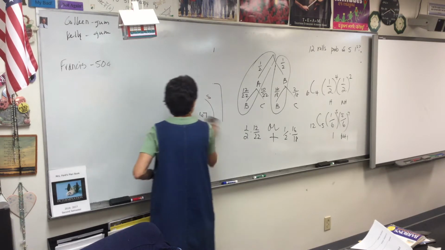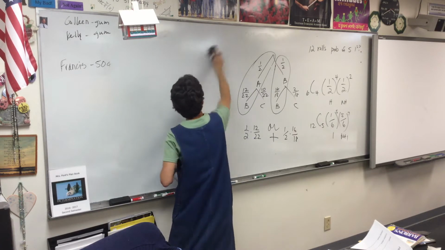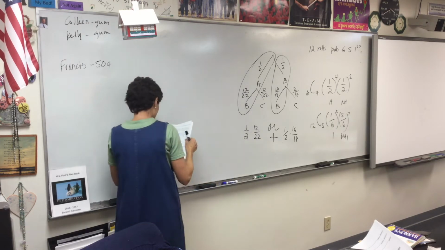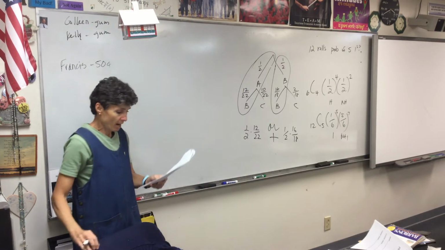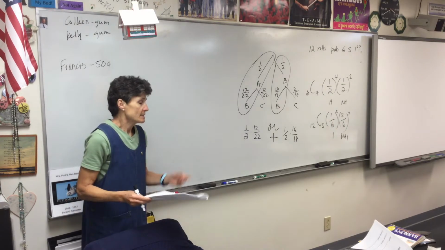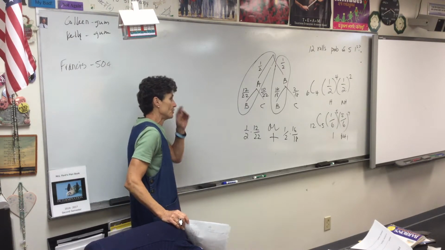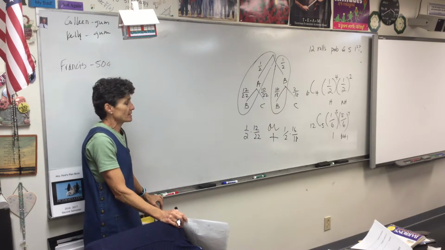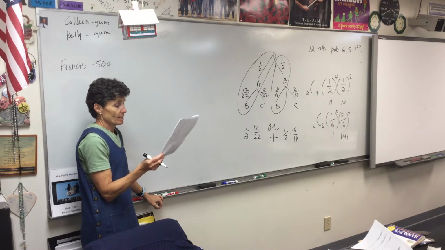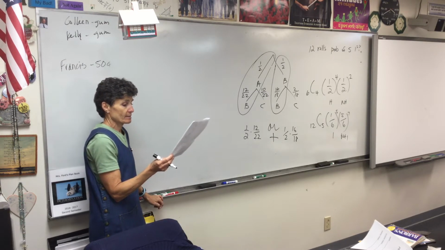This was part of your assignment. Some of you turned it in. Some of you got it, but a lot of you either left it blank or had some bogus stuff down here. So here we go, number 6.